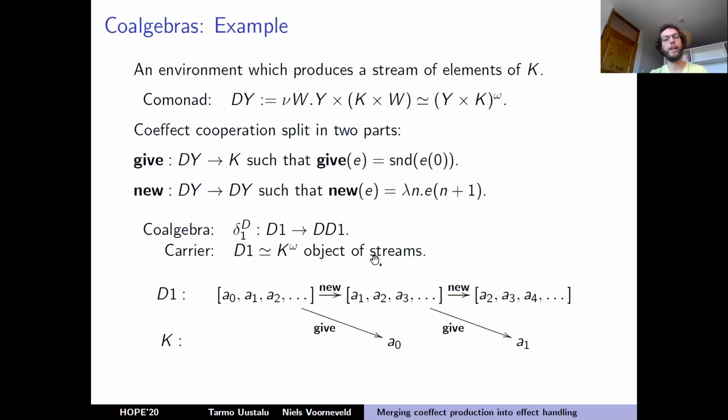And in this particular case, we can specify the coeffectful behavior using this co-free coalgebra on 1, where the carrier set, or the states of the environment, are given by D1, which is basically a stream of elements of K. And then we can see what happens here. If we have this stream of elements, this state here, we can look at what the new element is that is given, which is A0, and we can look at what the stream looks like after the element is given.